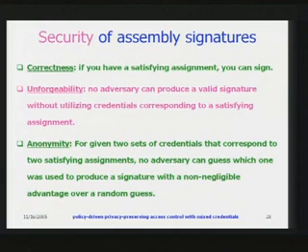So that's the intuition. And anonymity means, as I already mentioned, that the service provider or the verifier cannot infer who exactly you are among the large candidate pool.